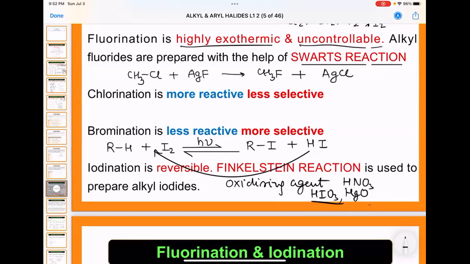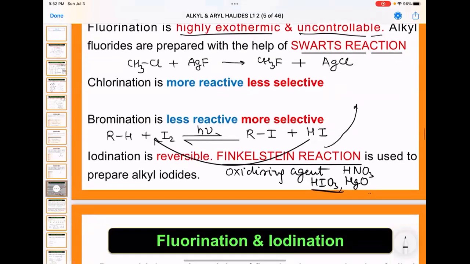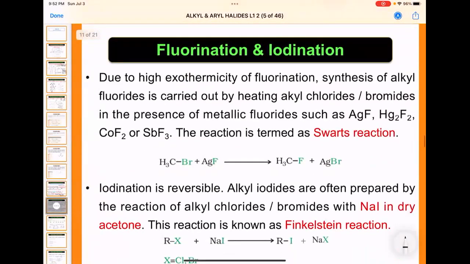The second way is by displacing. You can attach fluorine and chlorine easily. So attach them. Once they get attached, displace them by iodine. That displacement reaction is known as Finkelstein reaction.